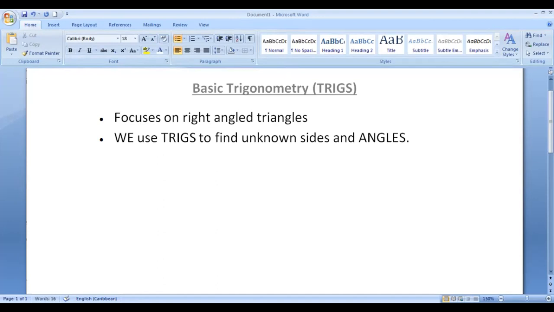Yes. So that's what trigonometry is. Kind of powerful. So you can find a side and a what? An angle.